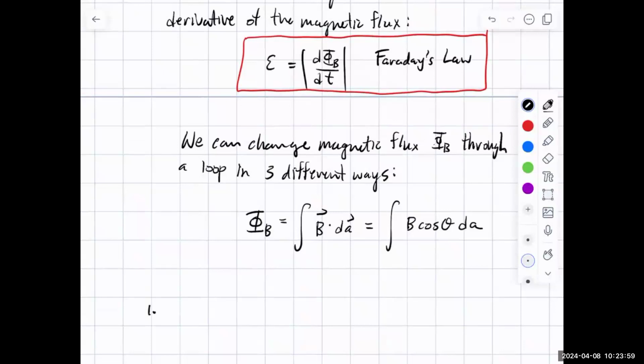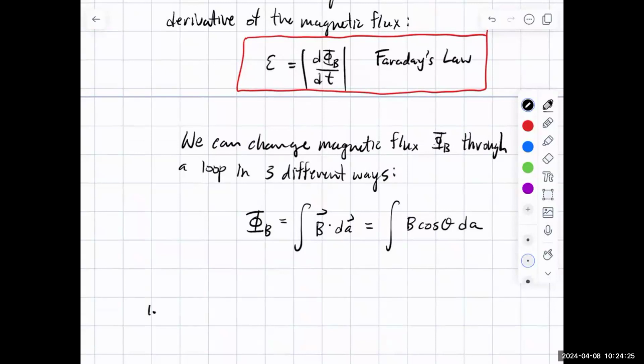So what's one way that we could change the flux? If you look at these expressions here, and I want to change phi in some way, just name one way that I could do that. I have a magnetic field, I have some kind of area, there's a theta. What could I do to change the flux through some loop? Change theta, okay, there we go.